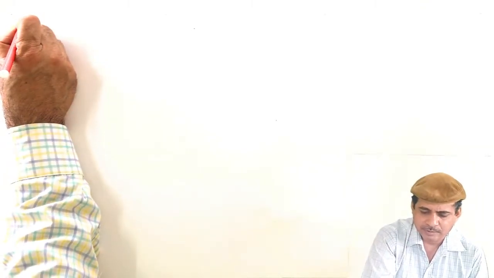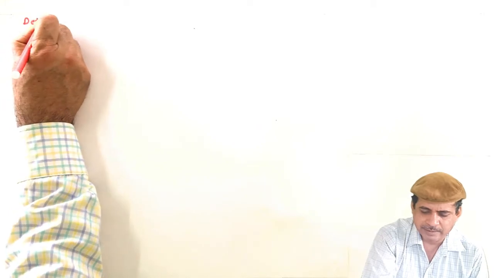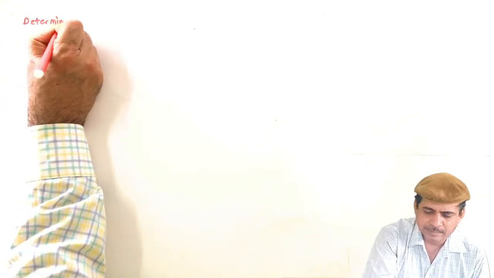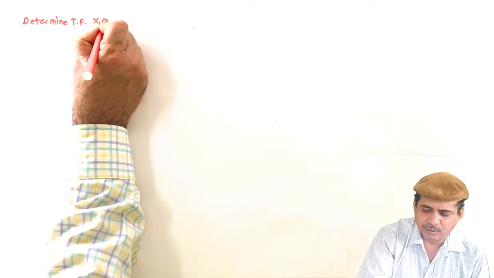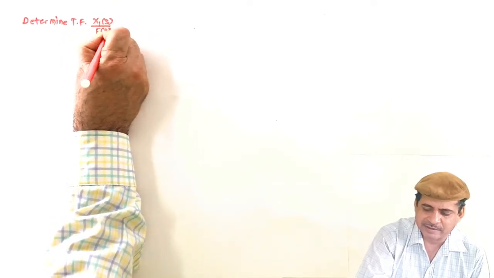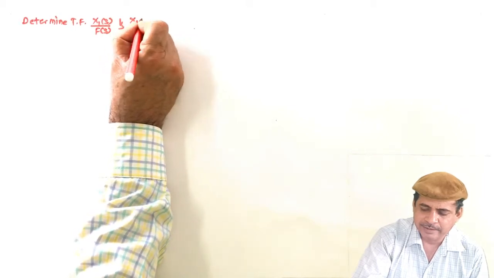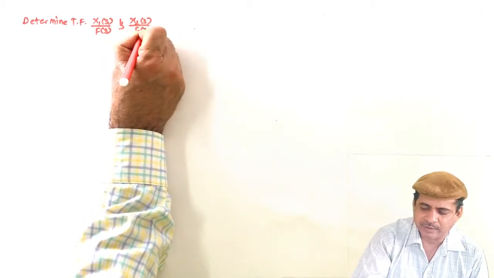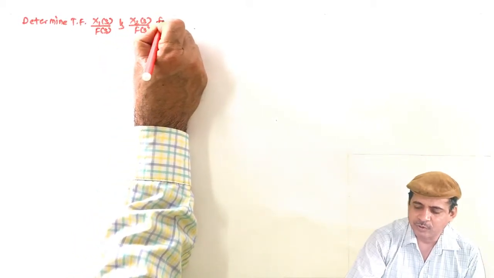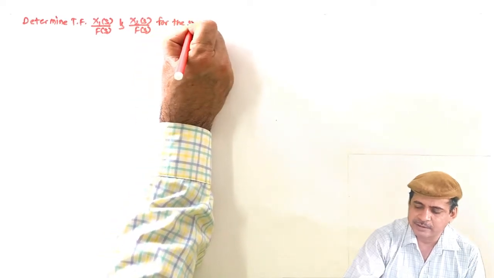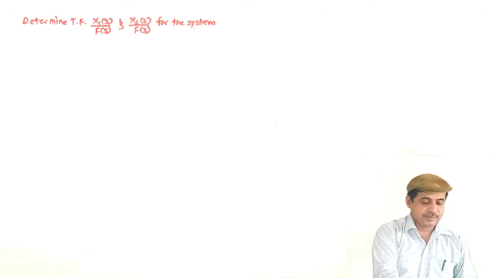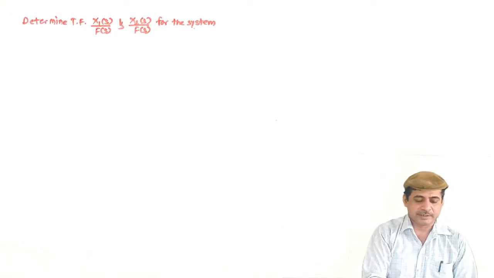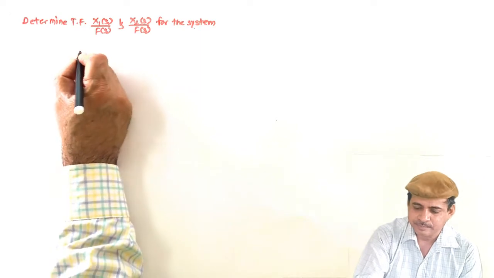So the problem is, determine transfer function x1 of s by f of s and x2 of s by f of s for the system. The system will be given below. So let us consider a system.